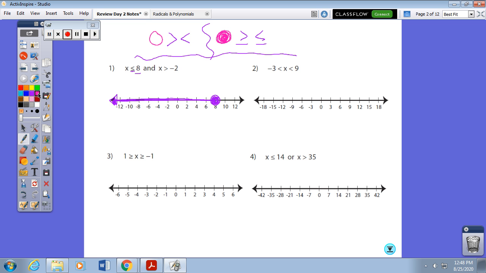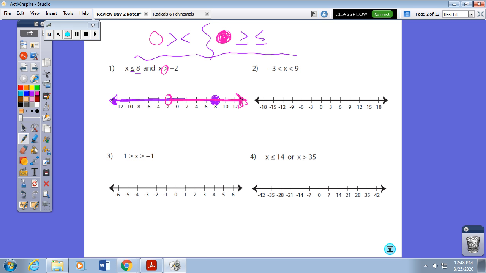Then we have X is greater than -2. So I'm going to go to the -2. There is no line underneath of this, so it's an open circle. And since X is on the left, I can go in the direction of the arrow, but it's X is greater than -2, so it's everything this direction.